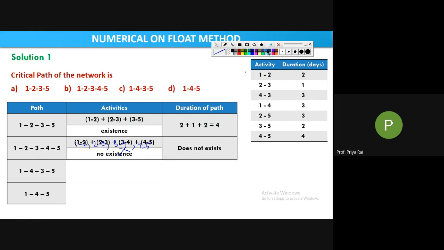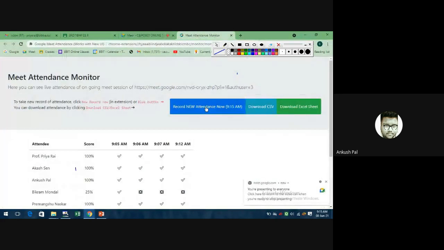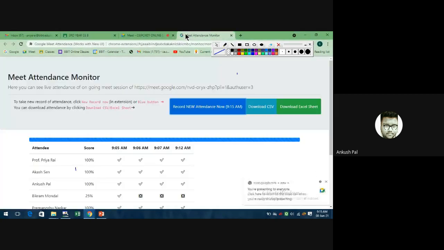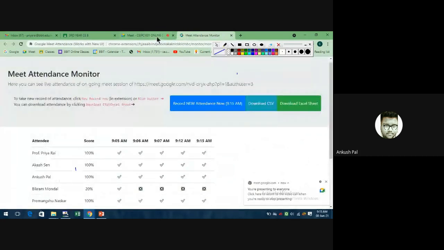Okay. Now tell me the third path. It exists or not? Exists, right? So what are the activities in this path? 1 to 4, 4 to 3 and... Wait.